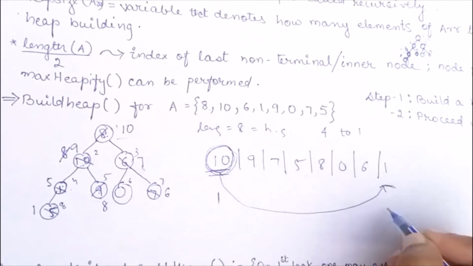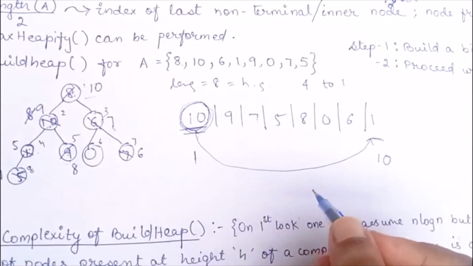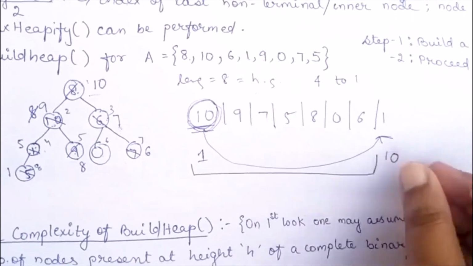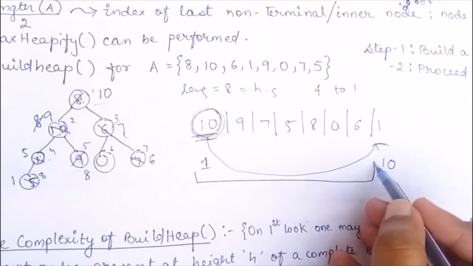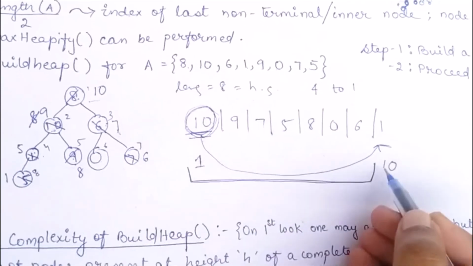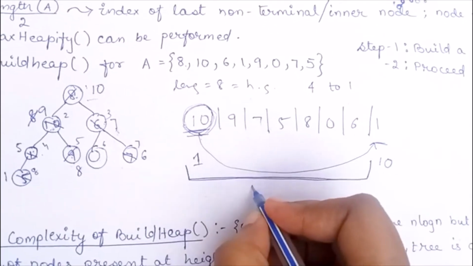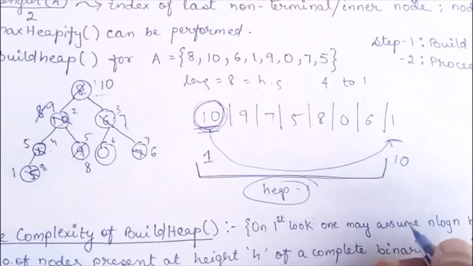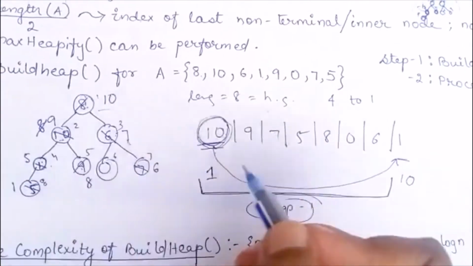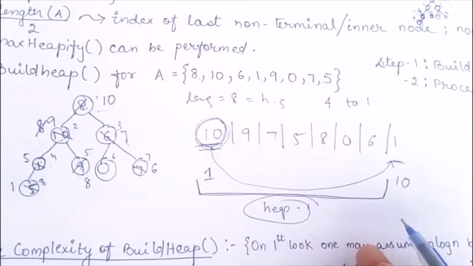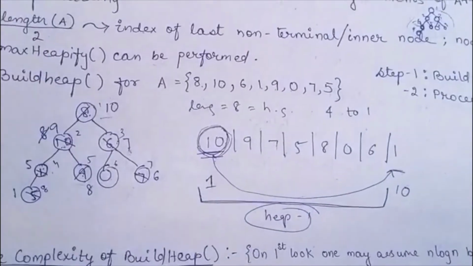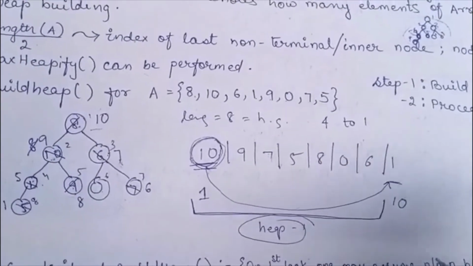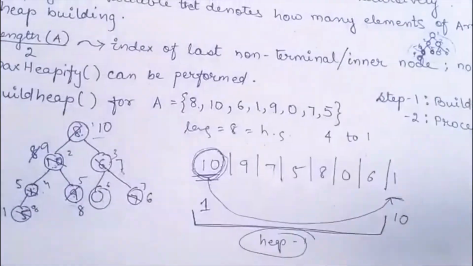So this will become 1, this will become 10. Then we have to reduce the heap size. This is at its perfect position, so heap size will be reduced by 1, and then we will do max heapify again. We will study that in the heap sort algorithm.